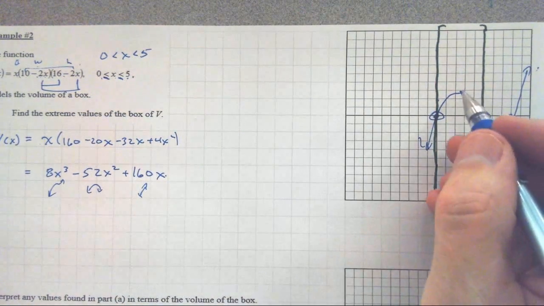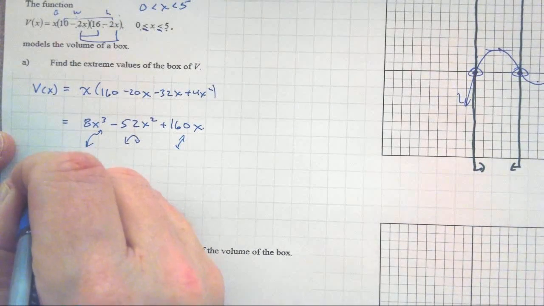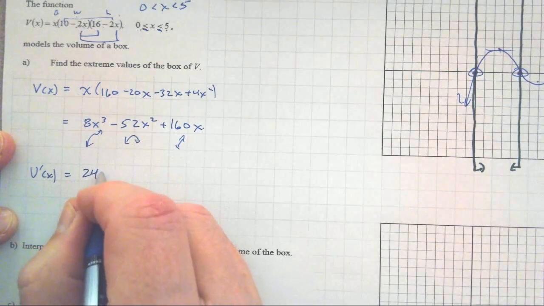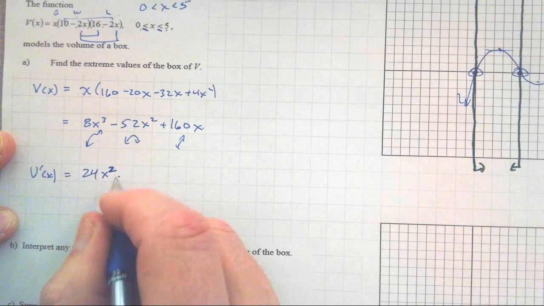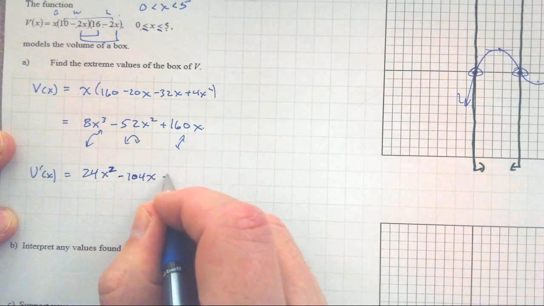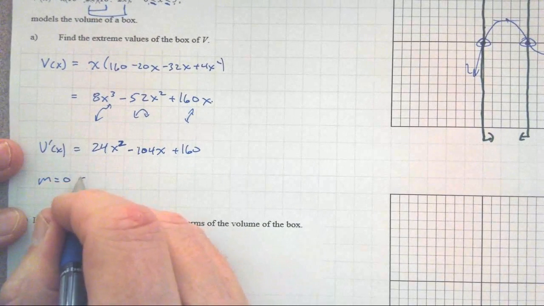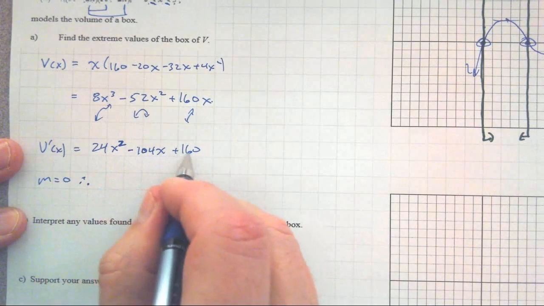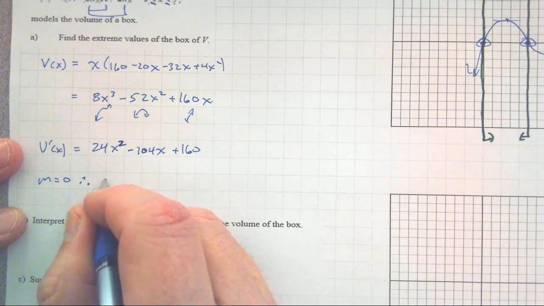And the only place that occurs is where the slope is 0, so of course we're going to find v prime of x. That is 24x squared, excuse me, minus 104x plus 160. I want where the slope is 0, so I'm interested in this thing equal to 0. Actually, I'm going to just write it down the way it is.